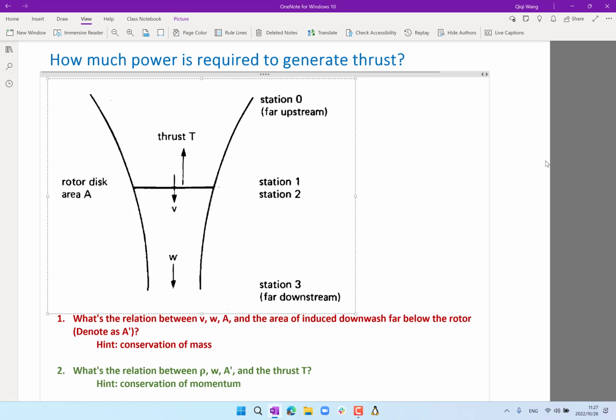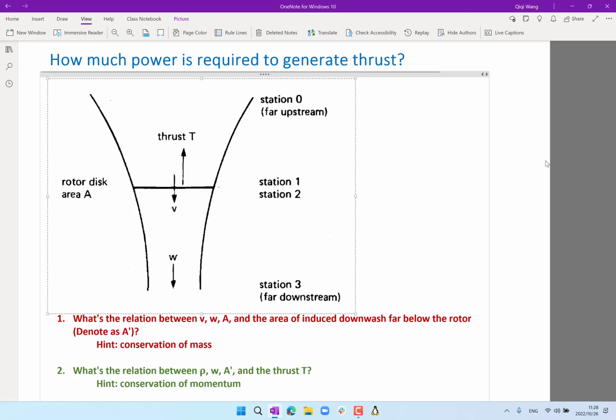Now the tricky thing is that, as you have seen in the video, as the air accelerates through the rotor disk, there is still an inward motion of the air, right? And basically, the stream tube keeps shrinking as you go further downstream.